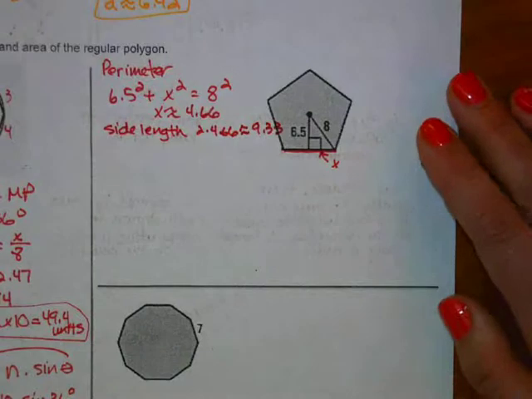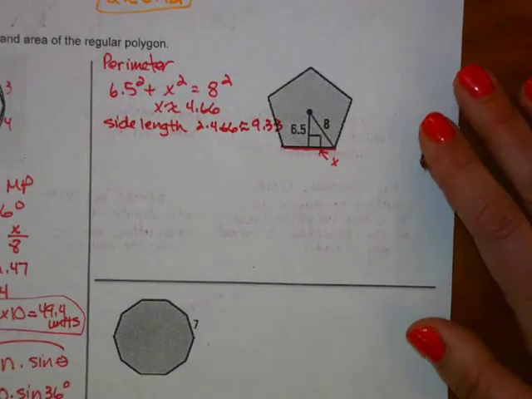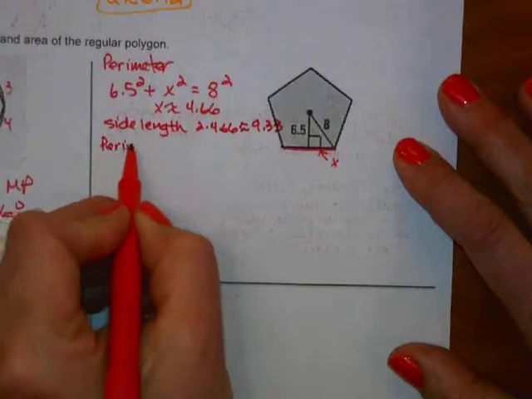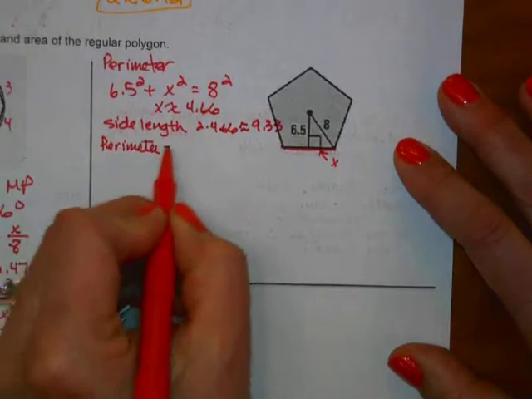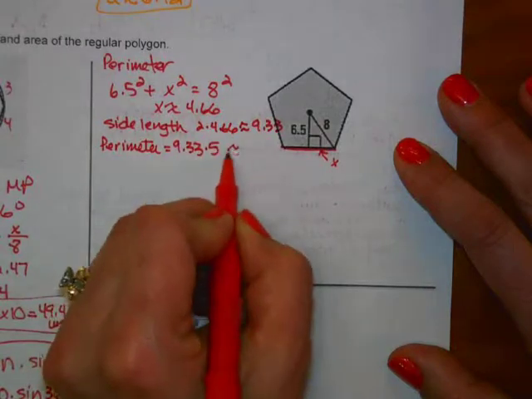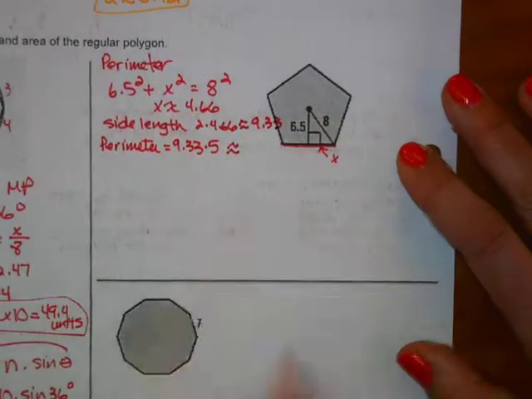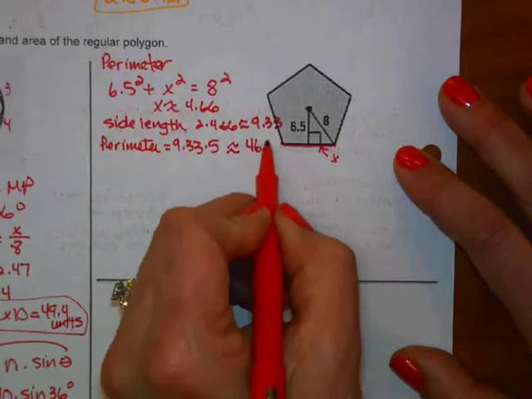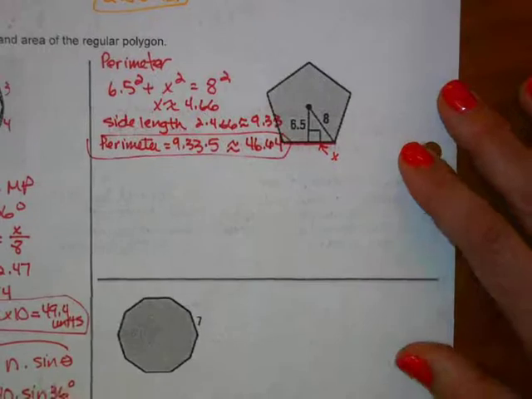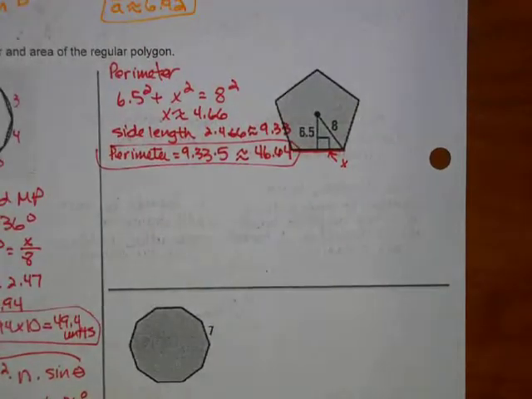Side length is 9.33. How many sides do we have? 5. So perimeter is equal to 9.33 times 5, which is approximately going to be what? 46.64. Okay, we'll finish this tomorrow.